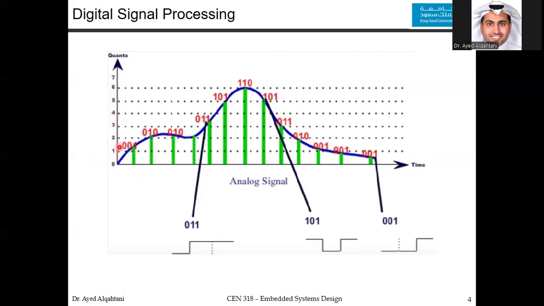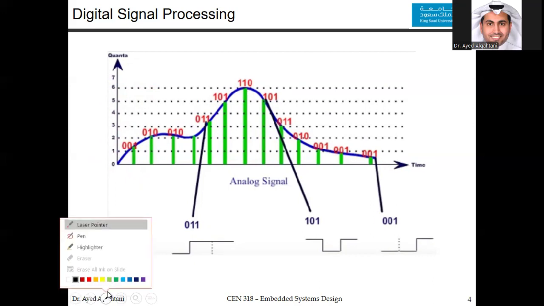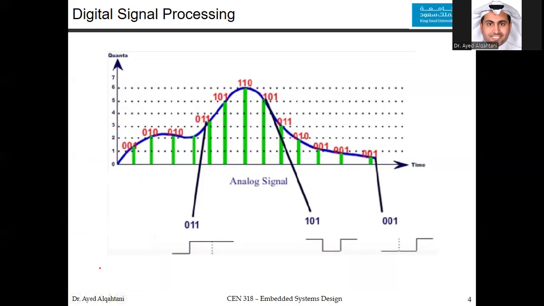So now we decided to have 8 levels, since 2 to the power of 3 is equal to 8, then we need 3 bits to represent any digital value.